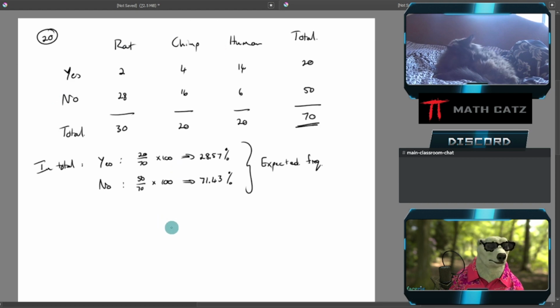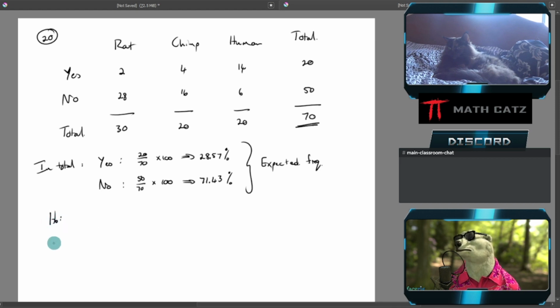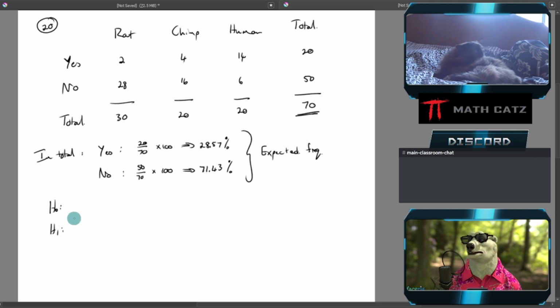That's what we're investigating. So let's set up a null hypothesis and a research hypothesis. Of course, we're looking at the populations, rats, chimps, humans. You can write that down as well, but not crucial to do so.